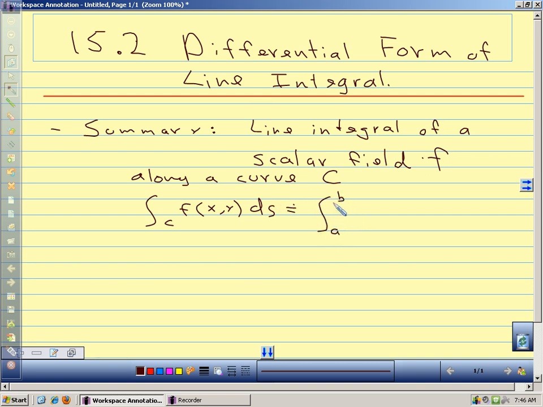We express f in terms of our parameterization, and ds turns into the length of r prime dt. So we parameterize our curve in terms of t, express f in terms of the parameterization, and then evaluate this integral. That was our line integral for a scalar field.